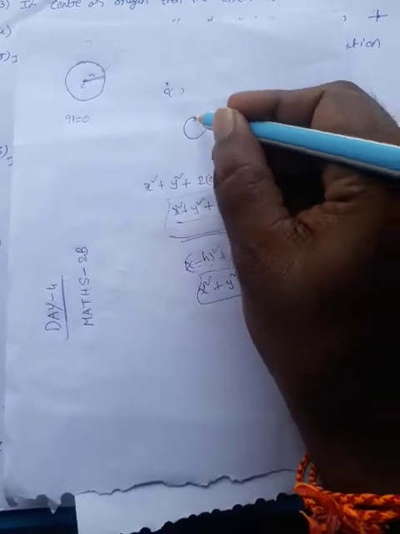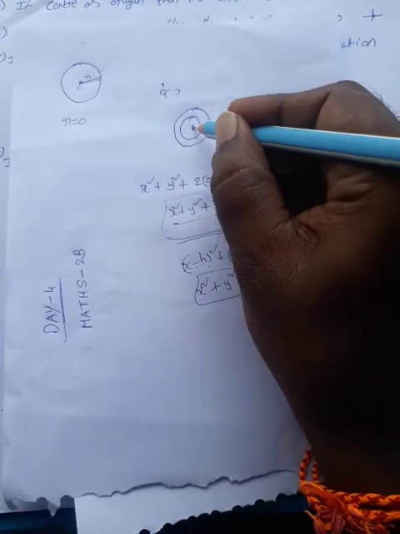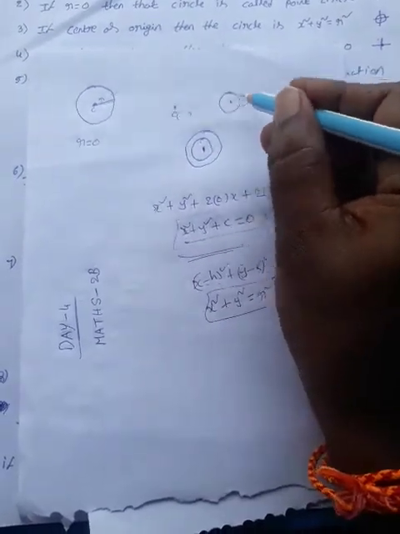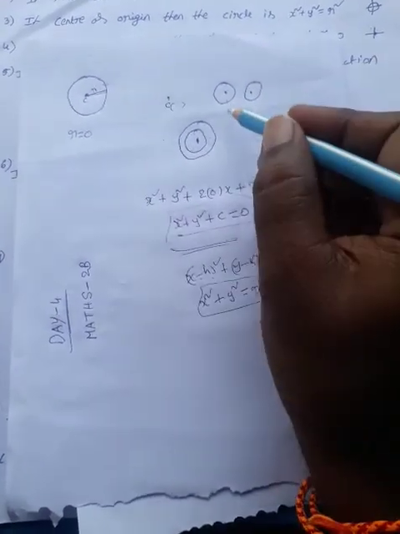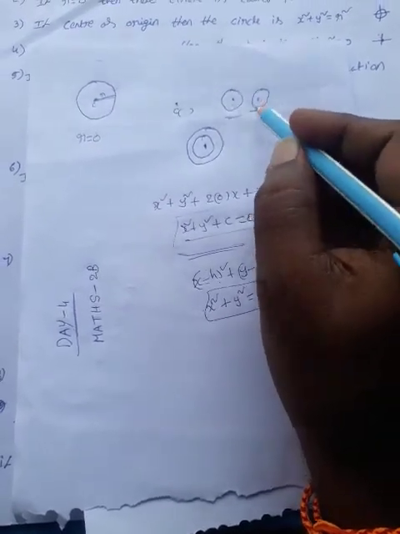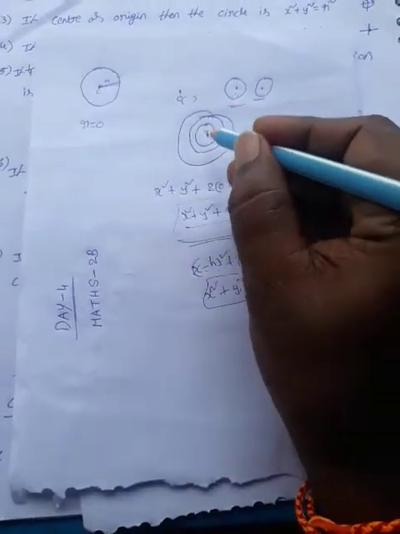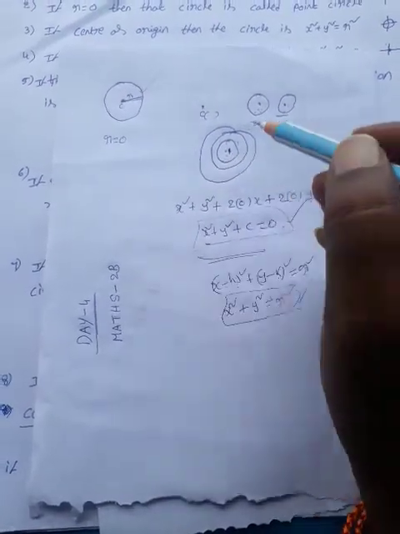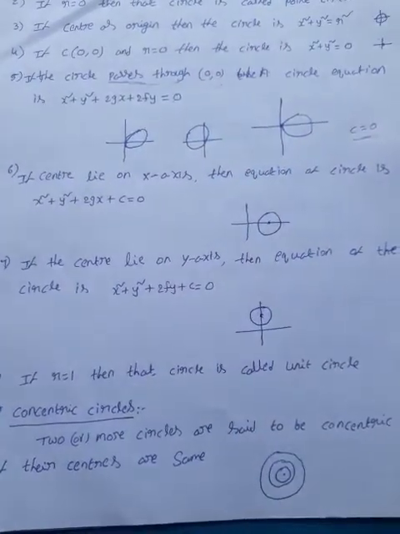Concentric circles means this is one circle, this is another circle, and these two have the same center. This is one circle, this is another circle; these two circles are not concentric because they have different centers. Circles are said to be concentric if they have the same center and different radius.